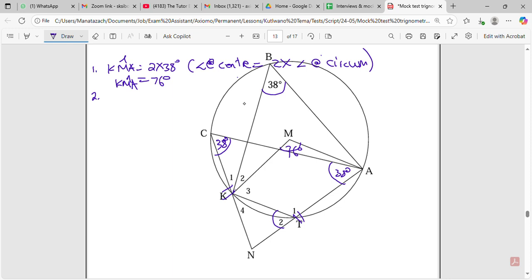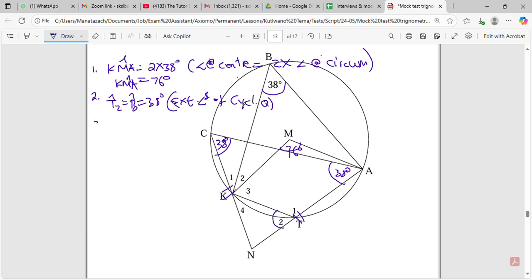So we can say angle T2 is equal to angle B, which is equal to 38 degrees. The reason is exterior angle of a cyclic quad. I'm running out of space, so I'm just going to write it out like that.